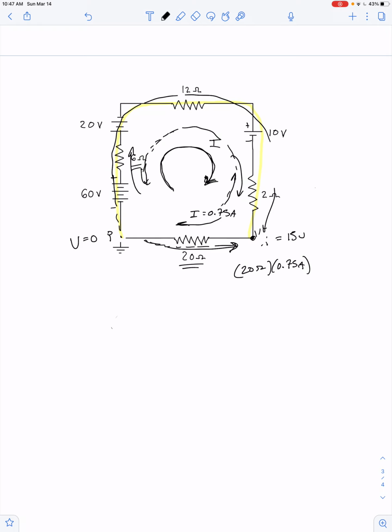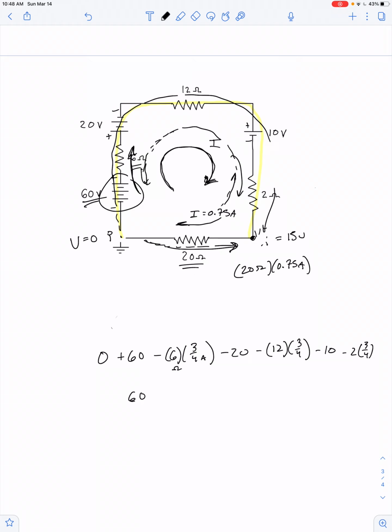So starting at point P, we have an electric potential of 0, and we add to that a potential difference of 60 due to the battery, and then we subtract from that, because we're going downstream in the direction of current, minus 6 times 3/4, 6 ohms times 3/4 of an amp to be more specific, minus 20 volts, because we go from positive to negative, minus 12 times 3/4, minus 10, minus 2 times 3/4.